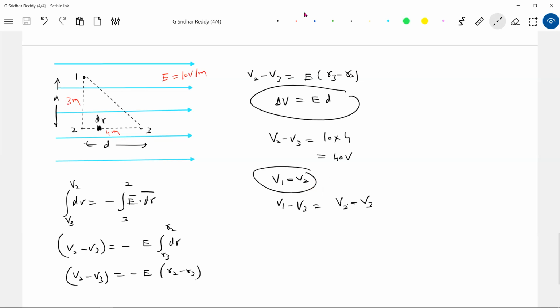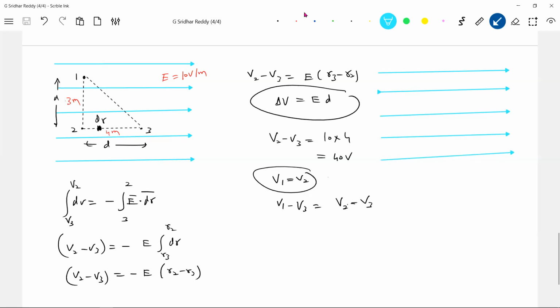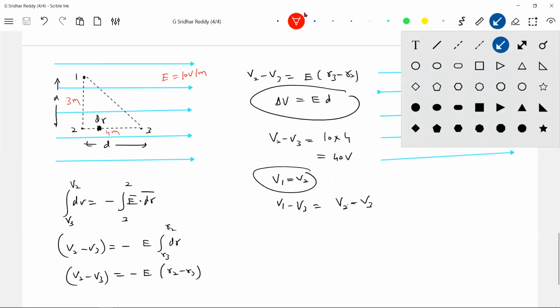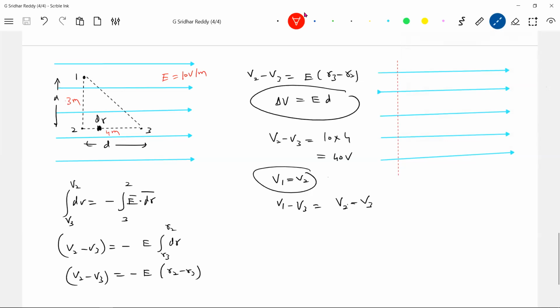So what are equipotentials? For a uniform electric field, how will the equipotential lines be?